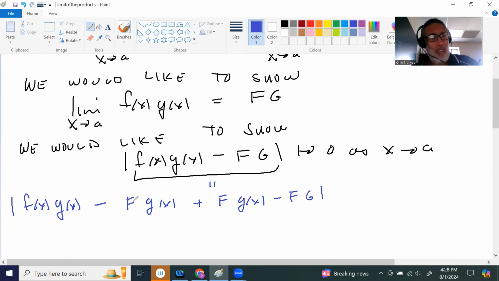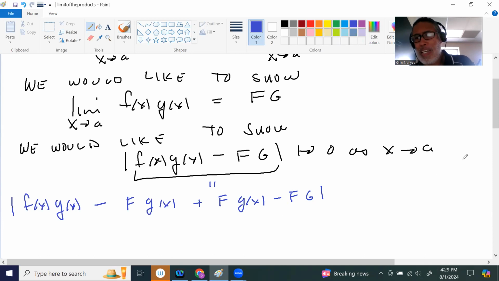Now, notice, you could have said, well, what about subtracting big G times little f and adding big G times little f? And that would also work. There's more than one way to approach these things. But this is one way that works. As an exercise, you could try to do it the other way. So you say, all right, these two are equal.